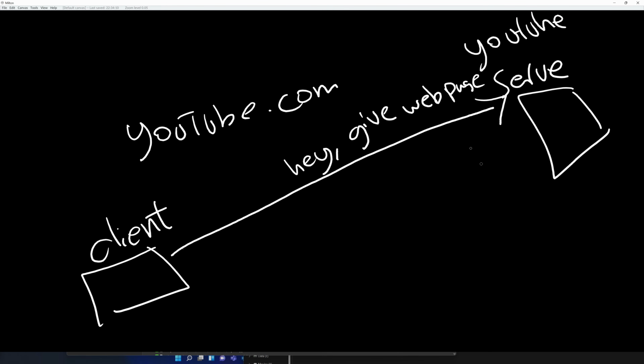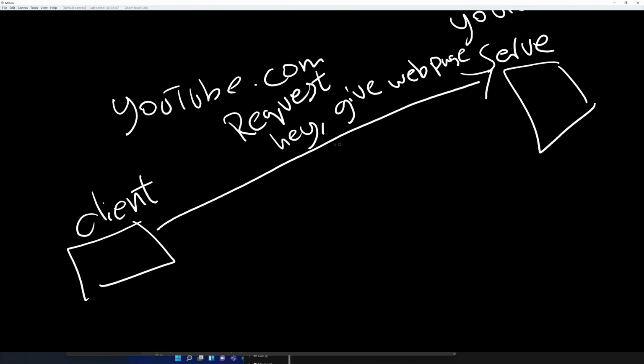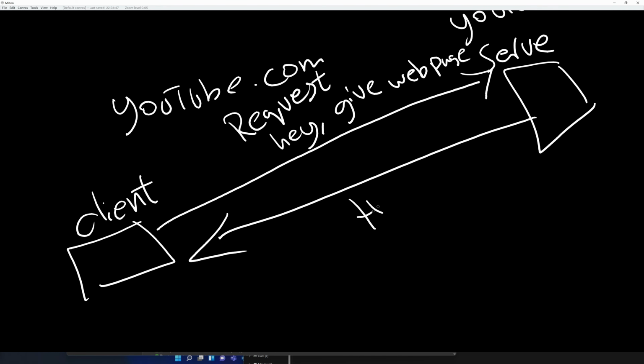So it asks the server to give us, the client, the HTML web page, so we can see what is on YouTube. We call this a request. The response is YouTube responding and giving us the actual HTML file that we're going to render on our web browser.